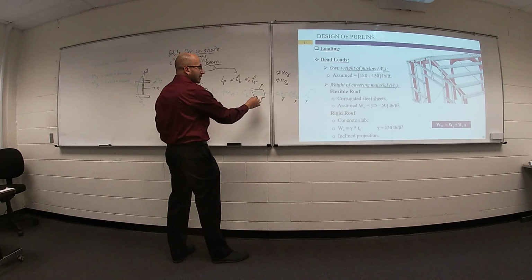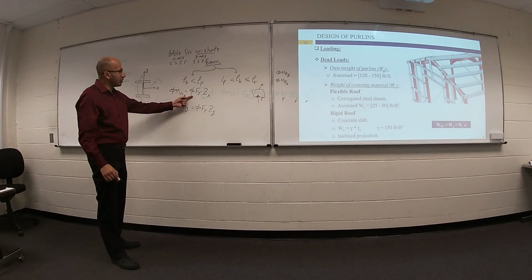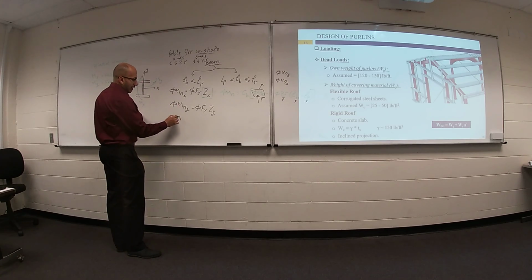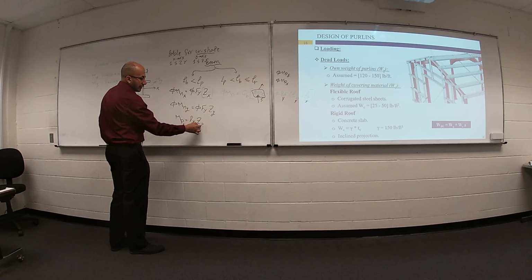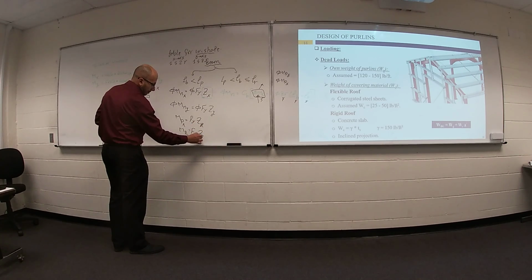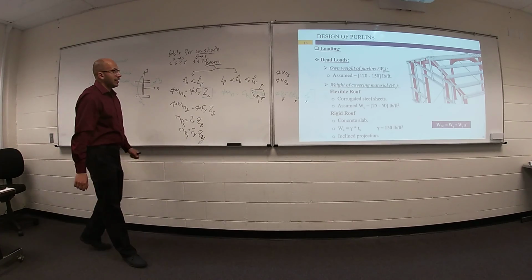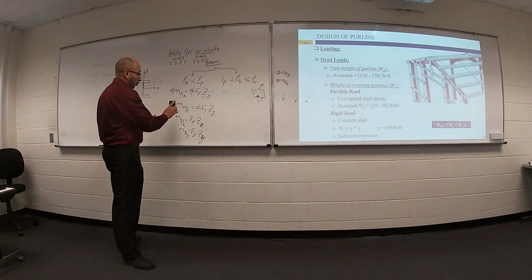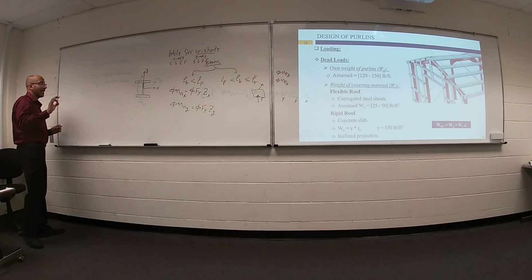If you don't have this value ready in your table, go ahead and use the M plastic equal F yield times Z. If you would like to get M plastic x, use Zx. If you would like to get M plastic y, use Zy. Okay? Anyway, just quick reminder also, and I believe you covered all of this stuff during mechanics of material.